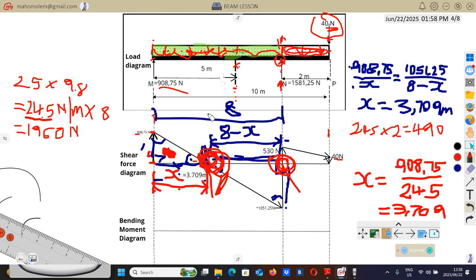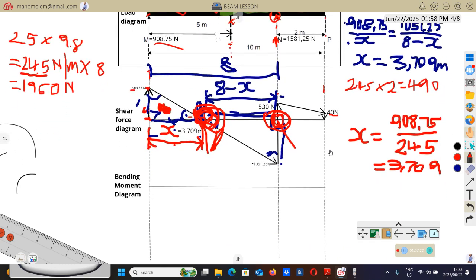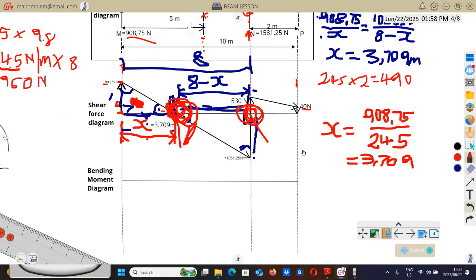Right, after calculating the bending moment, we come to the bending moment diagram. I've said that one of the principal points is the point where the shear force diagram crosses the zero line.